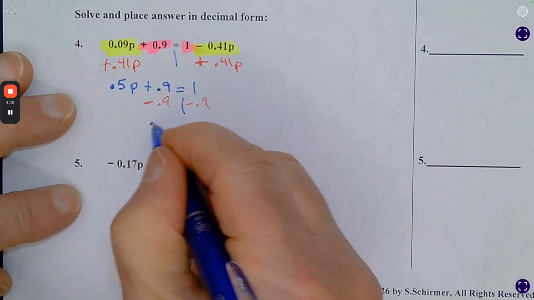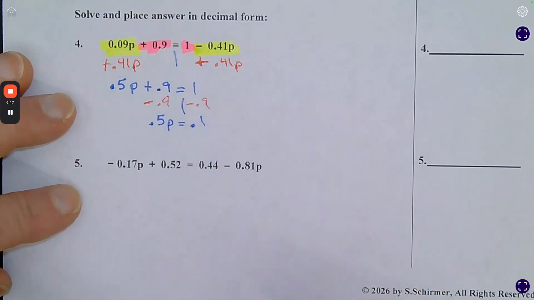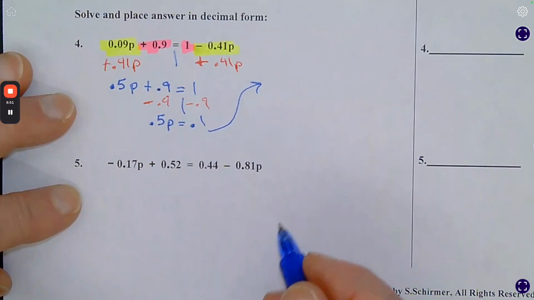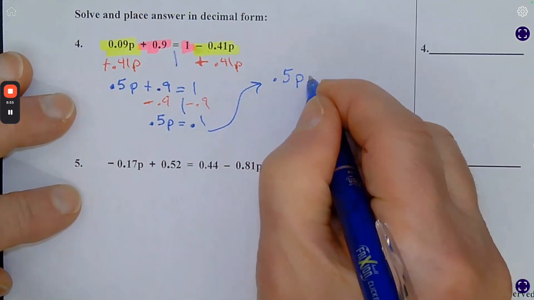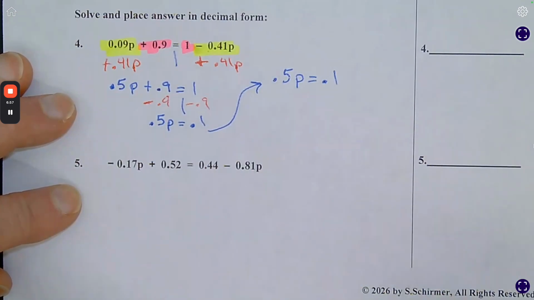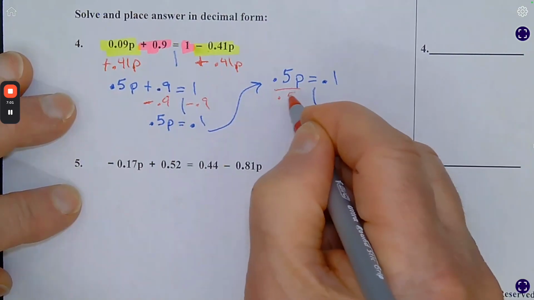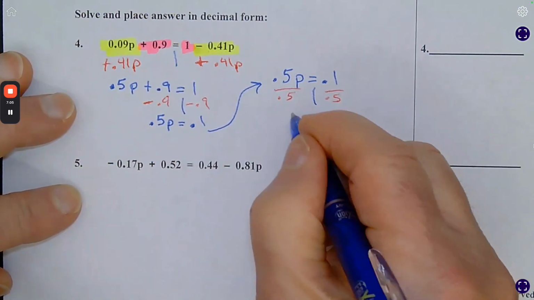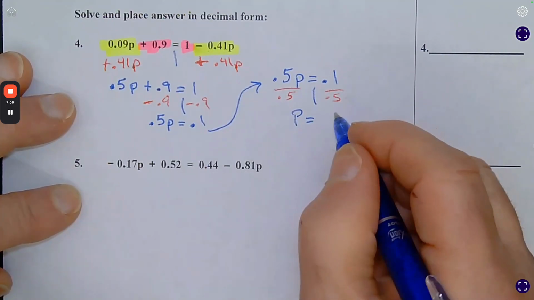Rewrite it. 0.5p equals 0.1 when I do that. So 0.5p equals 0.1. The inverse operation of multiplication is division. So I end up getting that p is equal to 0.1 over 0.5.